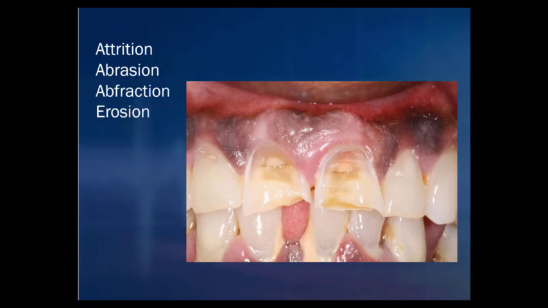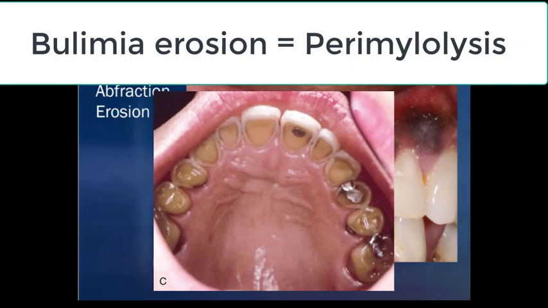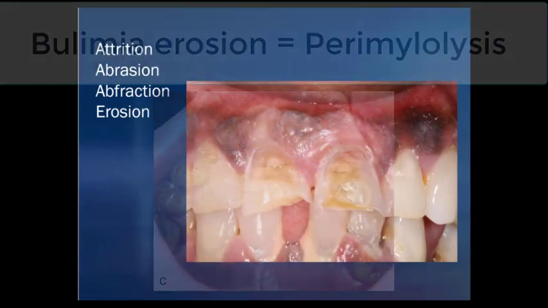It's difficult to distinguish between GERD and bulimia, although we do get a particular appearance of bulimic erosion called perimylolysis, and that is very specific to self-induced vomiting. The pattern of erosion with perimylolysis is an erosion of the lingual maxillary arch, and then it will erode the teeth around their restorations, leaving the restoration intact while the tooth structure around it has eroded away.